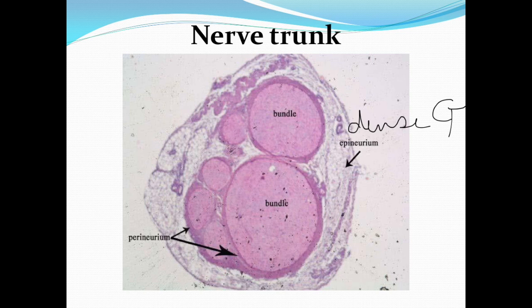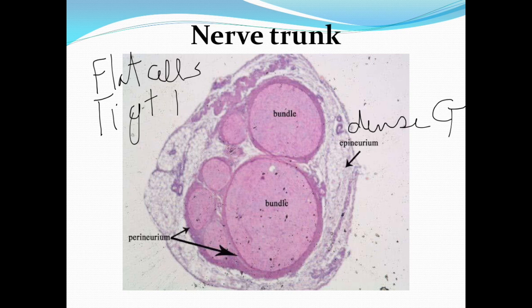While the perineurium, around the bundles, is formed of flat epithelium-like cells that are joined with tight junctions, and these form a very important barrier. So a barrier is formed by the perineurium, very important to protect the nerve fibers.